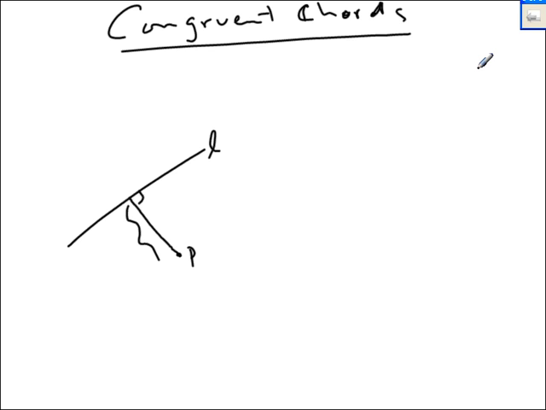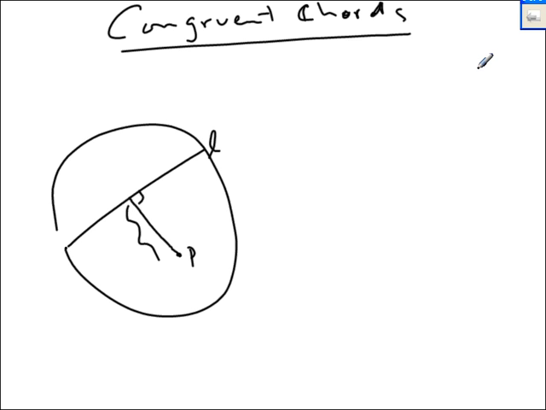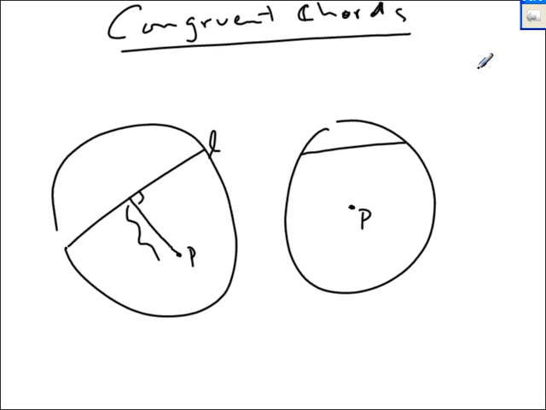If P happens to be the center of a circle, well, it doesn't really look like the center, so I'll just do it again. If the point P happens to be the center of a circle, and that's a chord. I know it's a chord because it's a line that goes from one point of a circle to another.